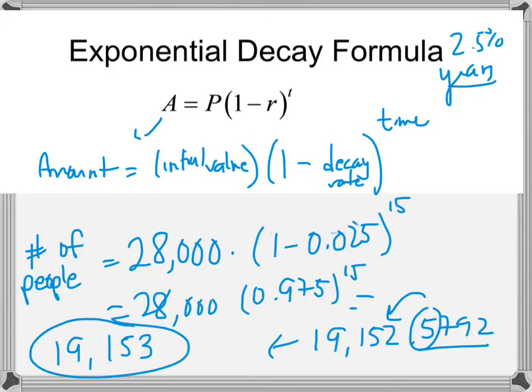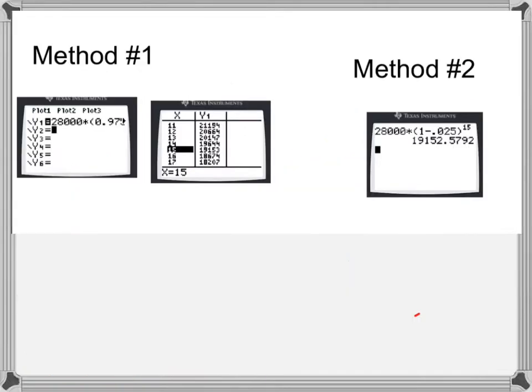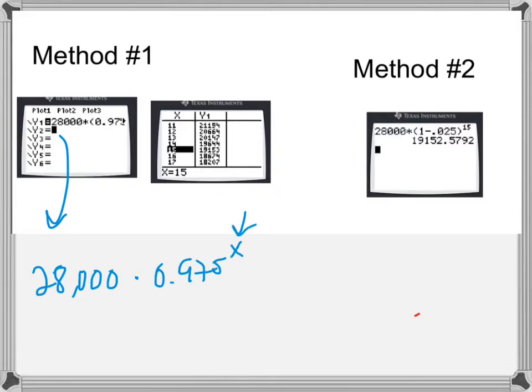So that's the amount of people that you would have 15 years later if you're decreasing at a rate of 2.5% per year. And again, for method number 1, if you want to put this into your function, it would be 28,000 times 0.975 to the x. If you leave that as a variable, then your table values are going to tell you how it's decreasing every year from the first year going forward.